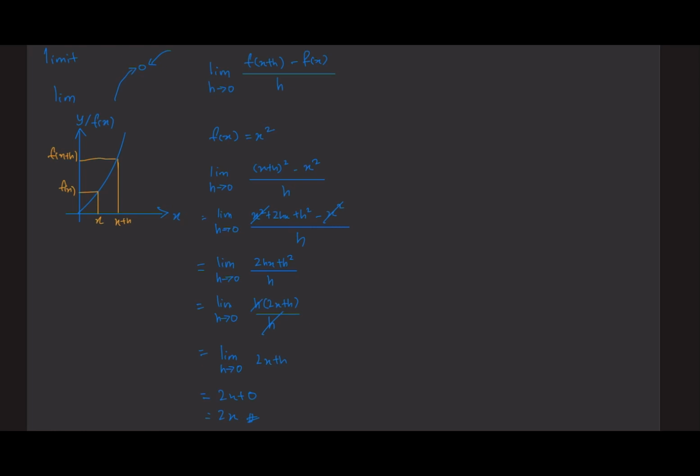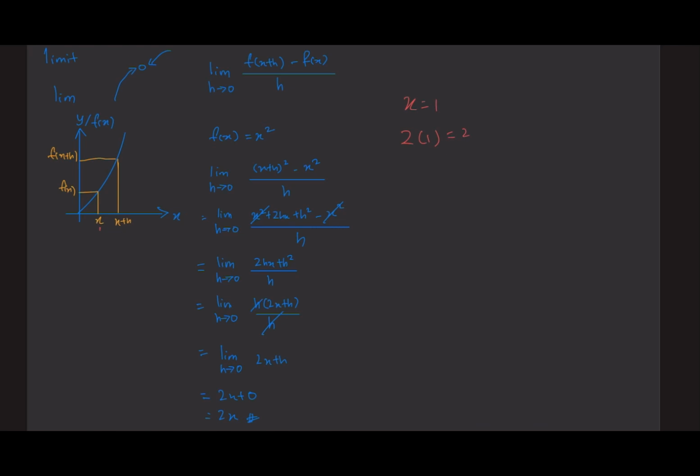So, let's test this. If we have the derivative 2x, and this point is, let's say, 1. Let me use a different color. If we input x equals 1, the derivative, the tangent at that point, is 2 times 1 equals 2.